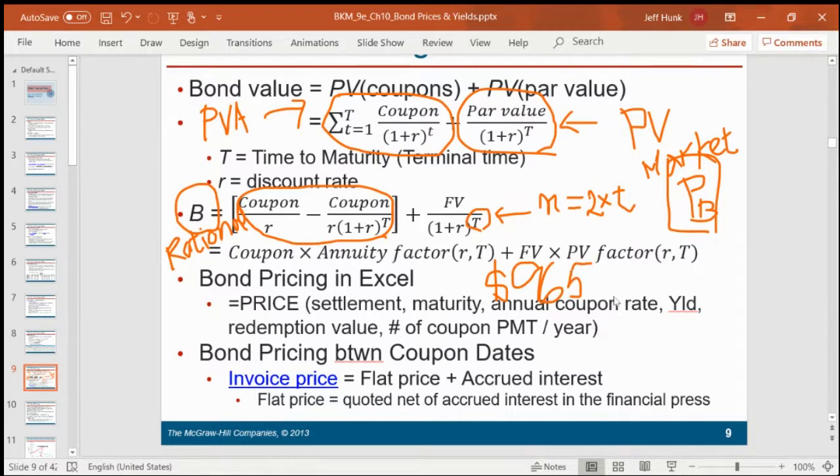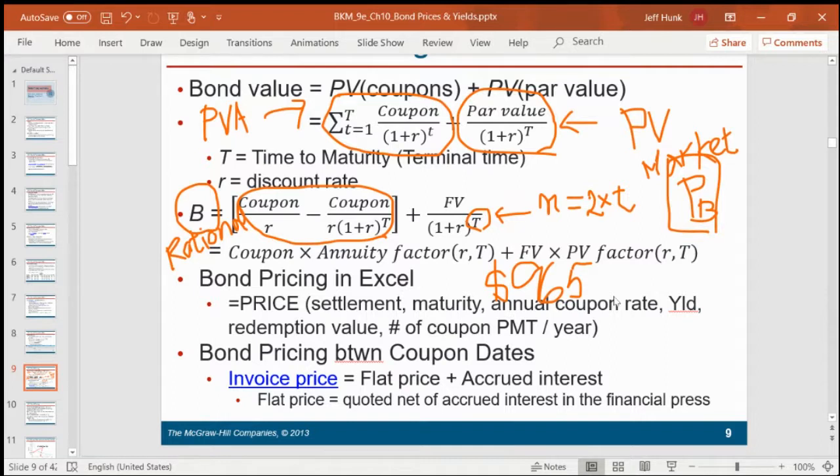And if the price is $965, and let's say 10 years still left to maturity, how is this bond called when the price is selling at $965, which is less than the maturity value or par value of 1,000, right? If it is selling below par value, what's it called? You remember? It's called a discount bond, right?